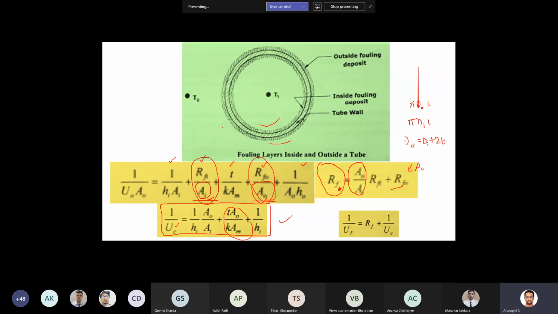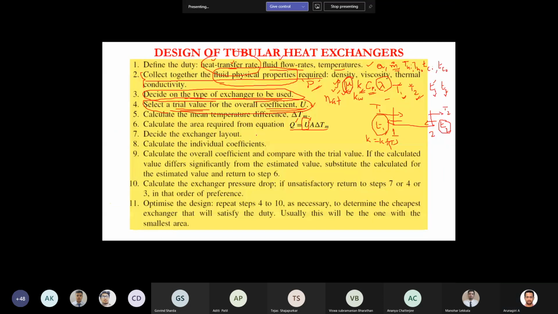So to calculate the operating variables, you should have some trial values of dimensions. That's why we are assuming a trial value of U here, based on your hot fluid and cold fluid. For these combinations, you can select the trial value of U. Then you can calculate the exchanger layout.